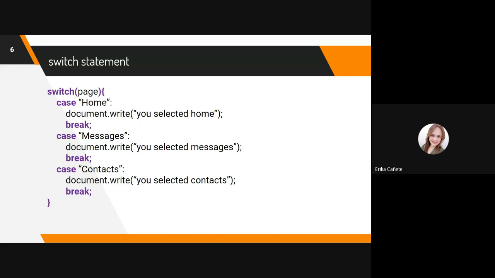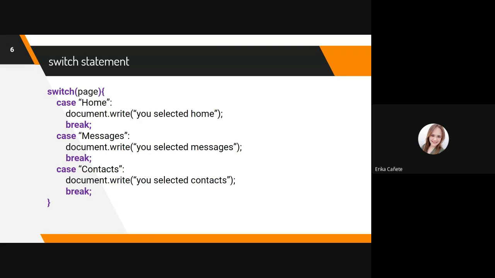If the value of the page turns out to be home, then we can use the function document.write, and you selected home will be displayed. If we selected messages, it will display you selected messages, and the same thing goes with contacts, which will display you selected contacts.